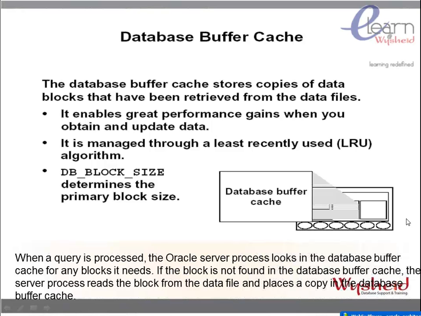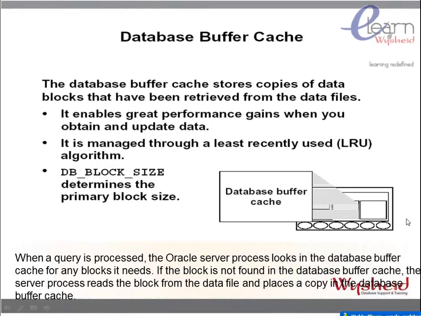You can say reading from disk is 1,000 times more time consuming as well as CPU consuming. So naturally the performance of the system will improve when the data which any SQL statement is looking for is there in the memory.